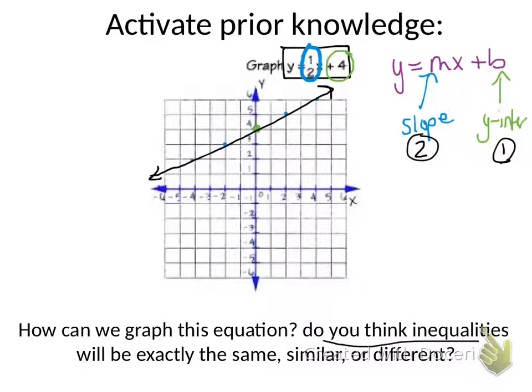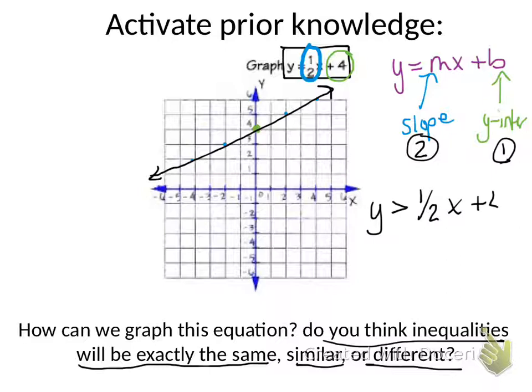Alright, do you think inequalities will be exactly the same, similar, or different? What do you think? If I was asking you to graph y is greater than 1/2 x plus 4, where do you think the solutions would be? Well, it's actually pretty simple. All you have to do is graph it as if it's an equation, and then look at the symbol.